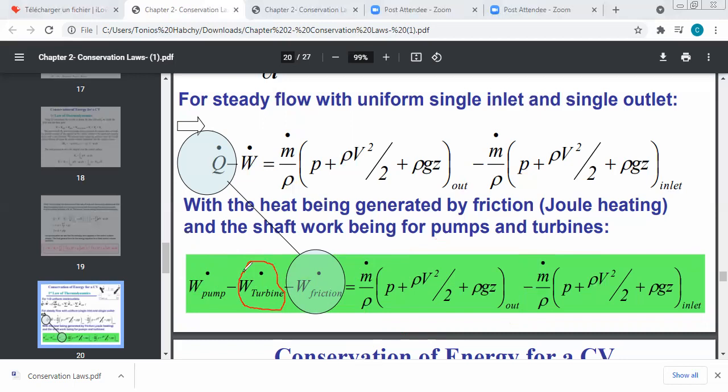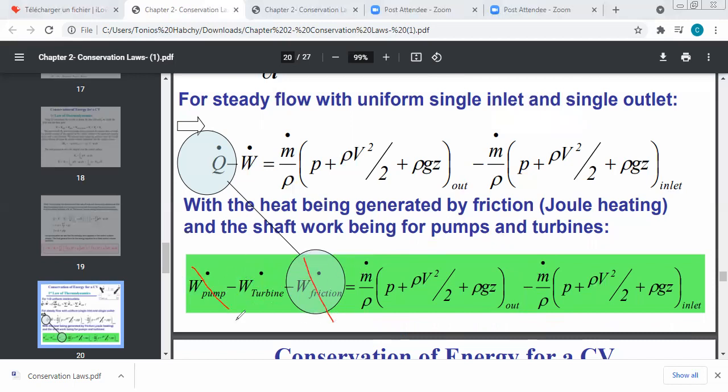This will tend to decrease the energy of the outlet flux compared to the inlet flux. So if you want to be able to imagine the situation, you can just do the analysis: if I only have a turbine, what will happen?